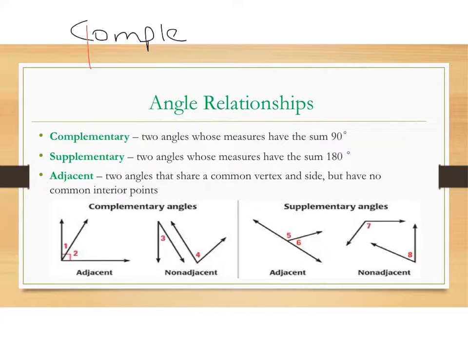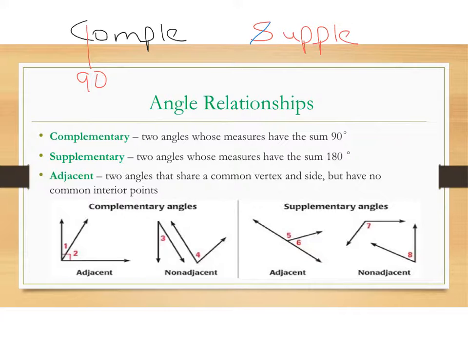Put a little stick there with the C, and it sort of looks like a 90 here from the CO. Whatever's going to help you remember. If you take the word supplementary, you could take that S, and you could turn it into an 8 by adding a line. And then maybe that would help you remember that that's the one that's 180. But just memorize that complementary angles sum to 90 and supplementary to 180.